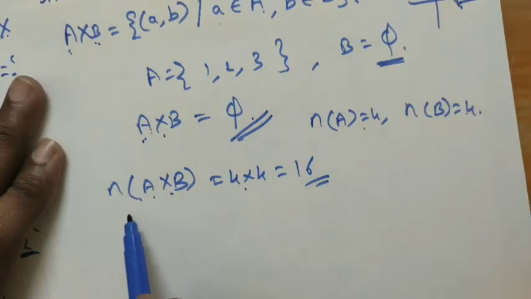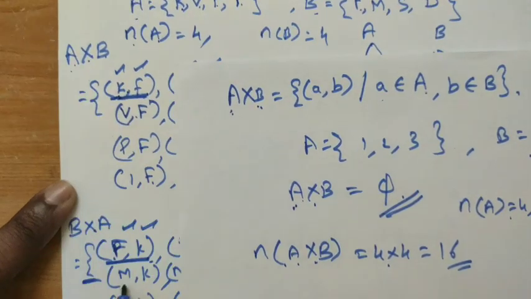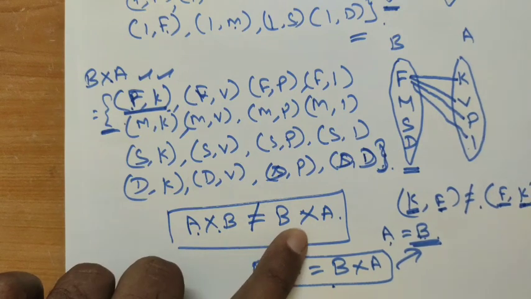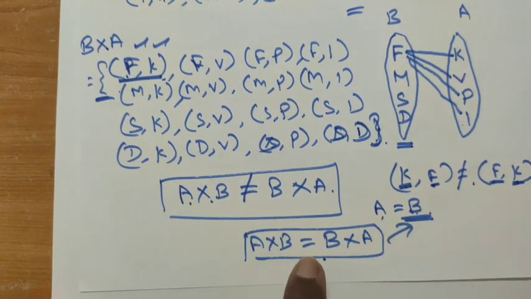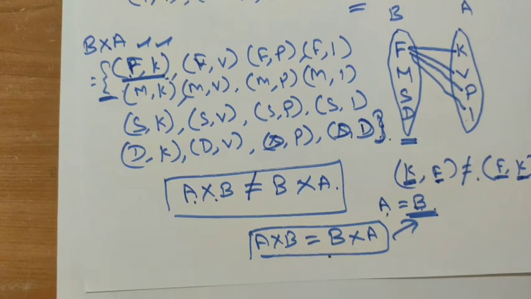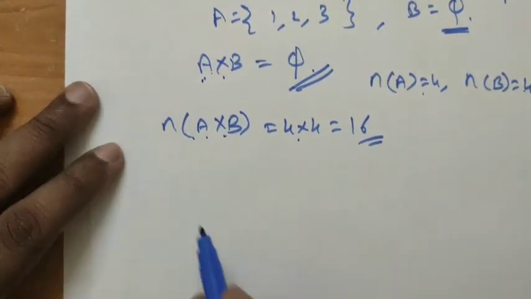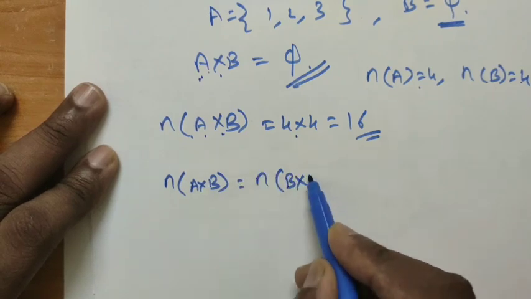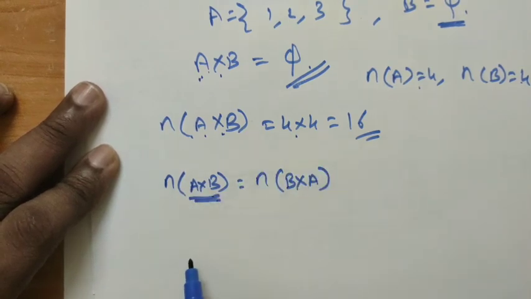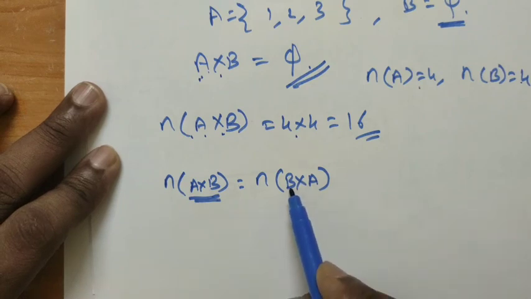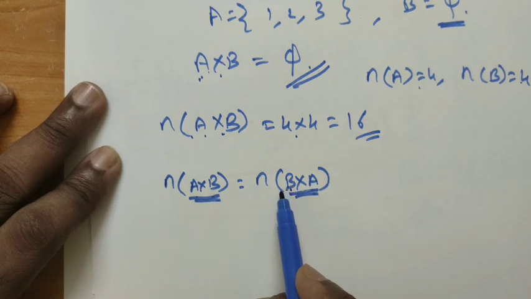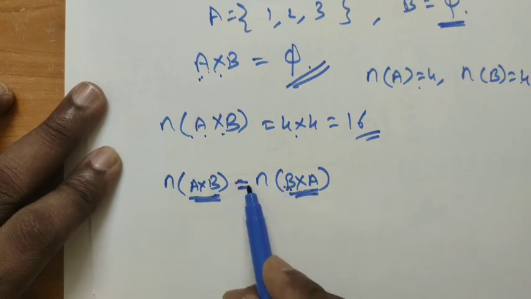Next, we have said that A cross B is not equal to B cross A. Only when A is equal to B can we say A cross B is equal to B cross A. But the number of elements in A cross B is equal to the number of elements in B cross A. Whether A is multiplied with B or B with A, the number of ordered pairs is equal.